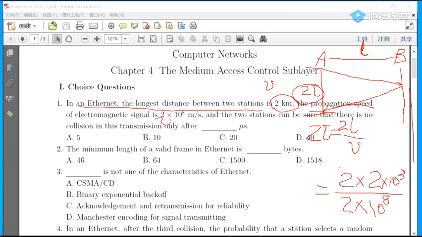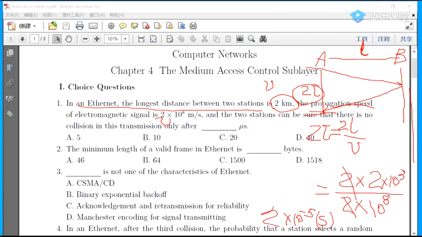Right? So the answer is 2 times 10 to the minus 5, right? The unit is seconds.